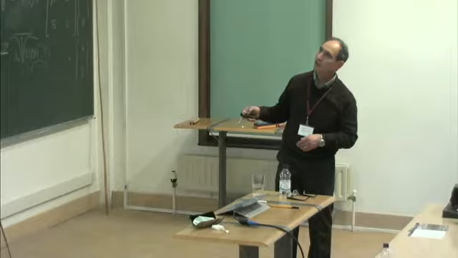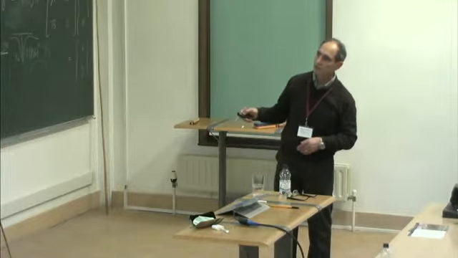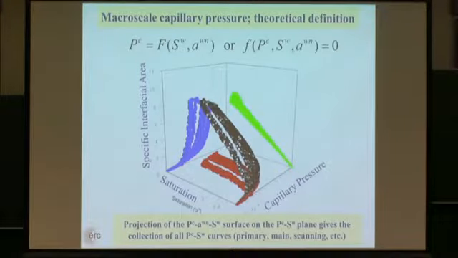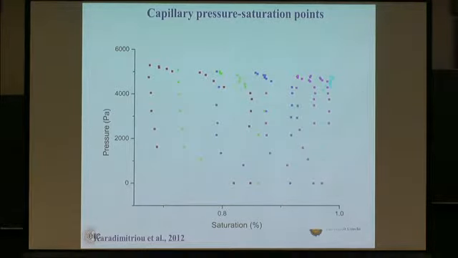onto this plane of capillary pressure saturation. If you plot interfacial area, saturation, and capillary pressure, then you get a three-dimensional surface. If you project it onto the PCS plane, you get all these curves. That's what this equation is suggesting. And we have actually done measurements using our micromodels. Others have done that. You can get PCS curves, and lots of them, as I said earlier, the scanning curves.